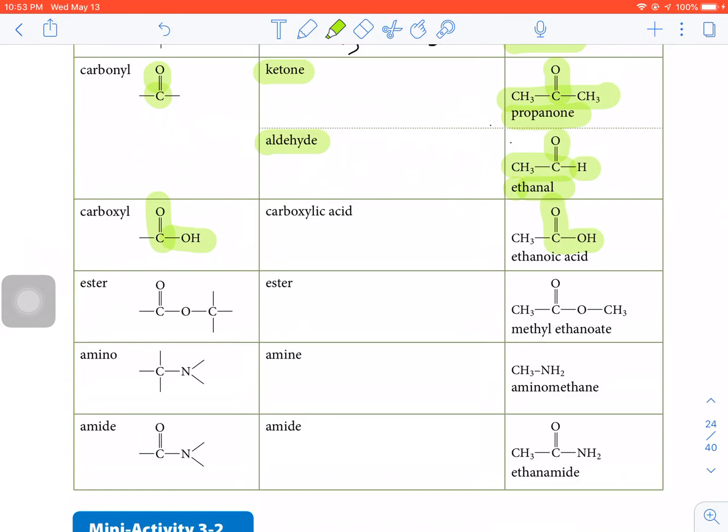And then the carbon in that position will also be coupled to the rest of the chain, whatever the rest of the chain is here. They've made it just a 2-carbon chain, ethane, and then it's a carboxylic acid. So the name is an ethane-based acid called ethanoic acid.